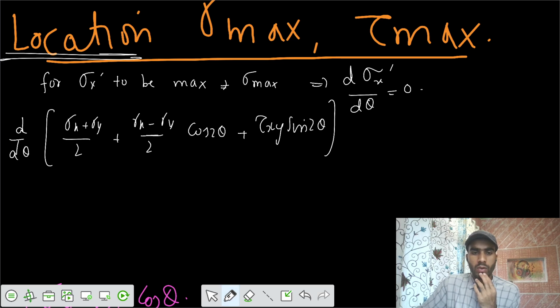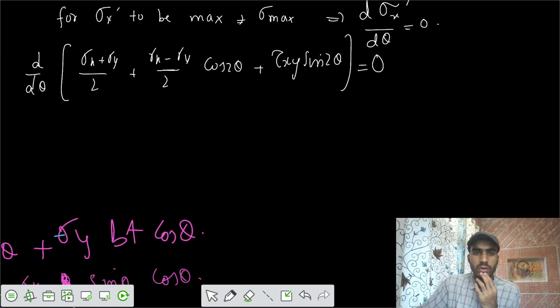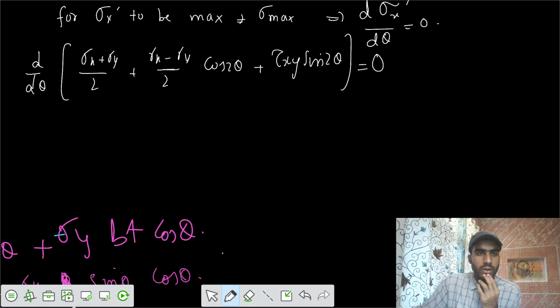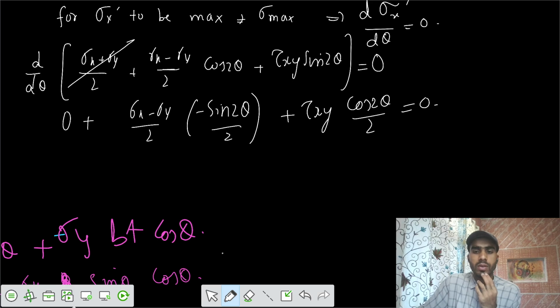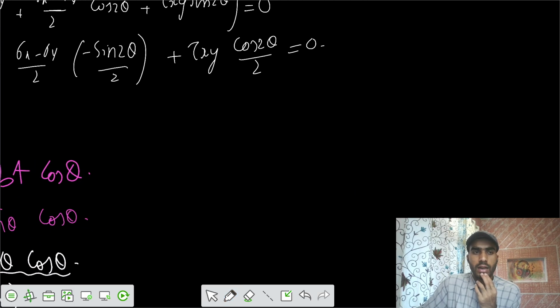For this constant term it would be 0. We get 0 plus sigma x minus sigma y by 2, and differentiation of cos 2 theta is minus sine 2 theta, times 2, then plus tau xy cos 2 theta times 2. That equals 0. So let's write theta on one side.